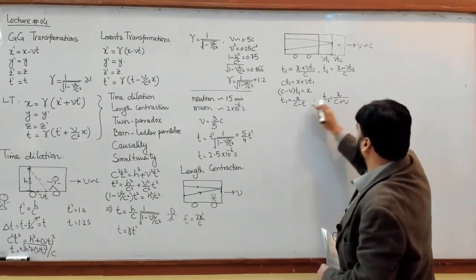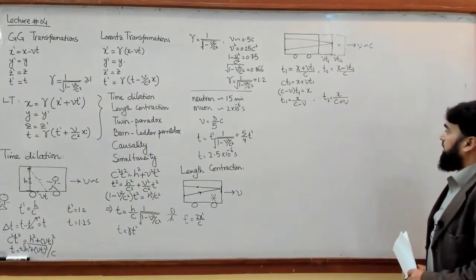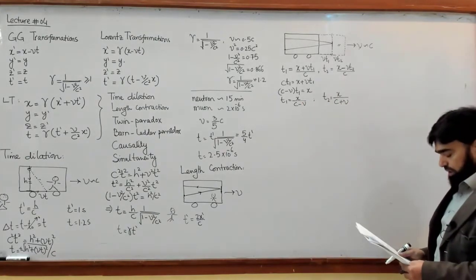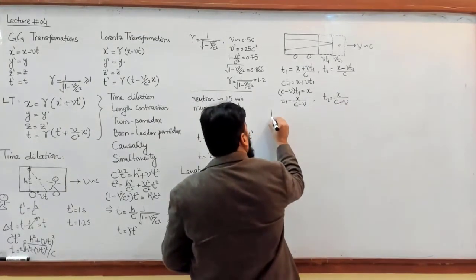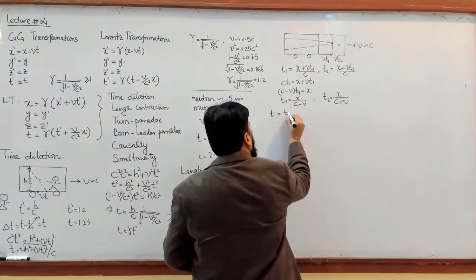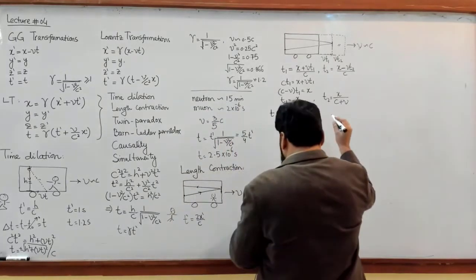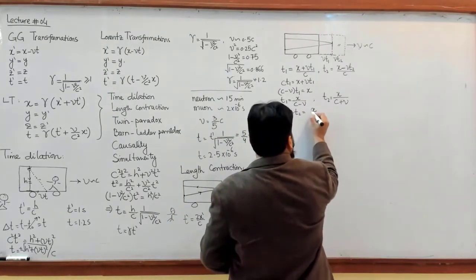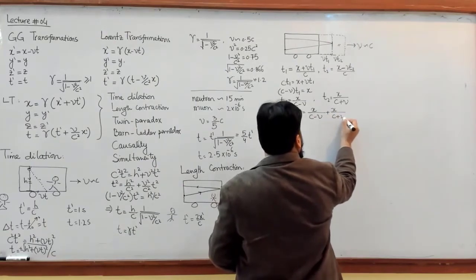Sorry, this is v here. So the total time t is the combination of these two time intervals: x over c minus v plus x over c plus v.